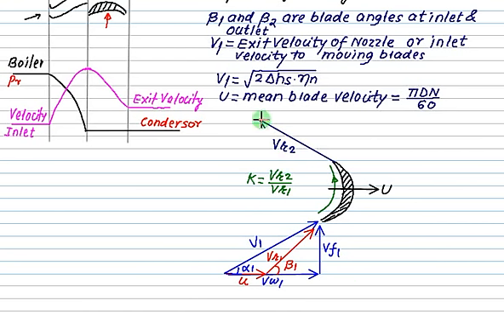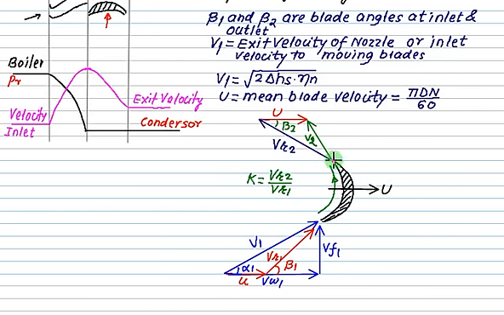The blade velocity at inlet and the blade velocity at outlet is the same, equal to U. If we join this point with U, we will get the absolute velocity with which it leaves the blade. This angle is called alpha 2, and this angle is beta 2, and this one is V2.